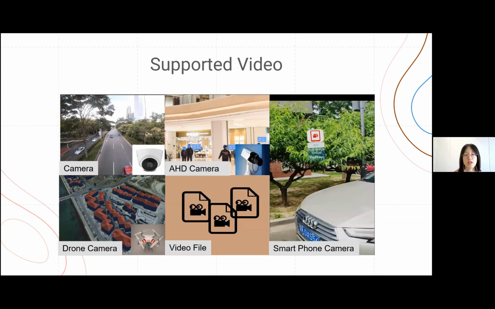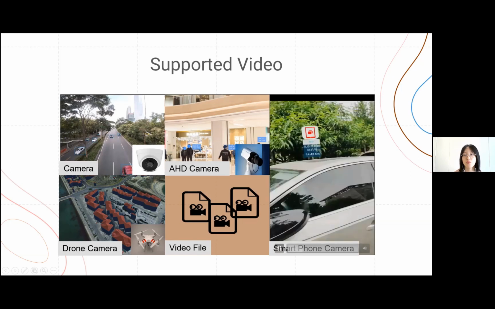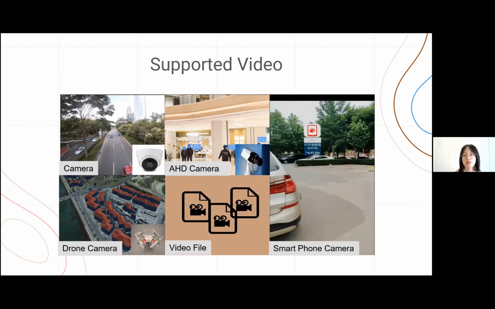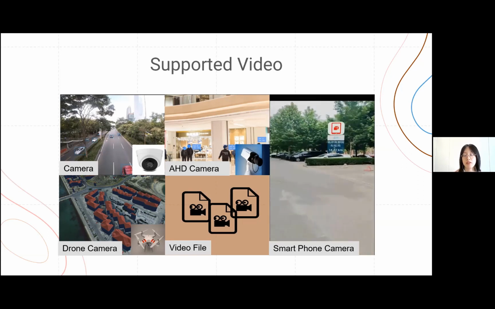In SuperMap products, we support data from various surveillance cameras, video recorded by drone cameras, or we can directly import local data files. The most convenient method is to simply record a video using your smartphone camera, and we can also import that into the GIS system, like here, you can see on the right.